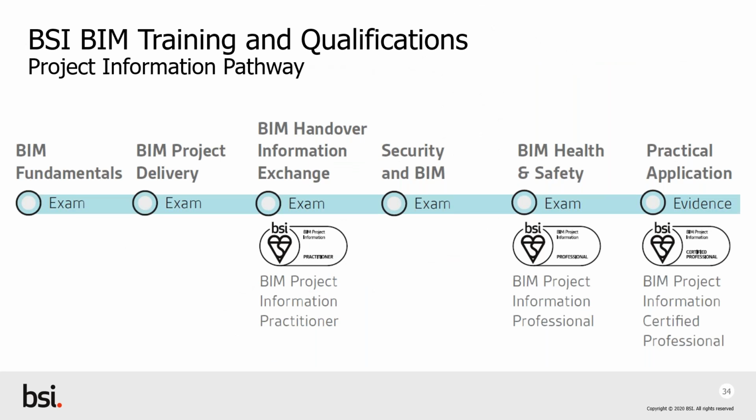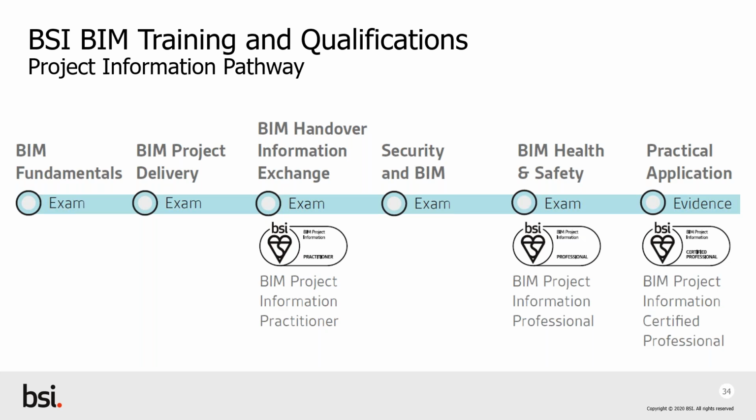When it comes to training programs and qualifications, we have two sets of qualification pathways. First is the project information pathway, which is more suited for design and construction businesses. You can see we have 3 levels of qualifications here. BIM project information practitioner is the entry level, then we have project information professional, and then certified professional.